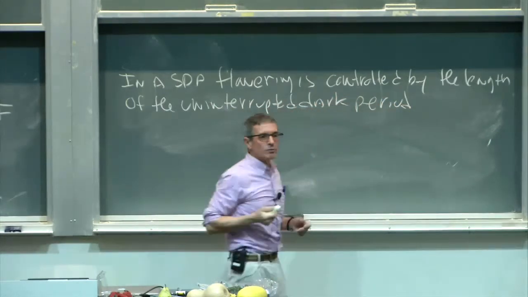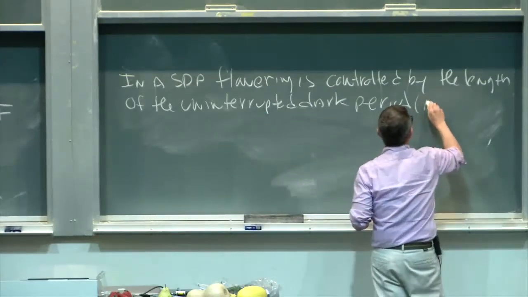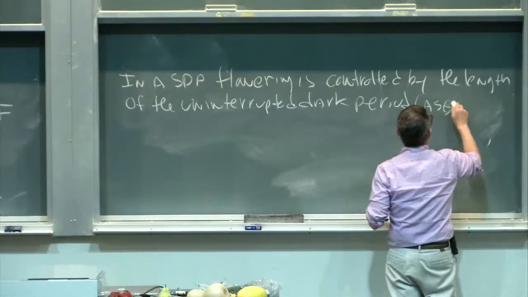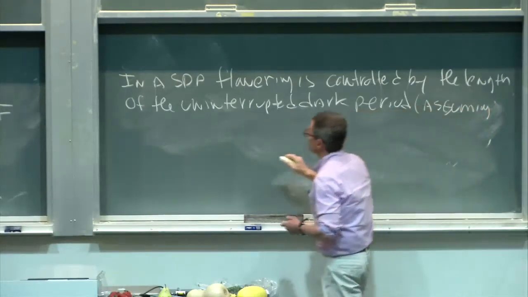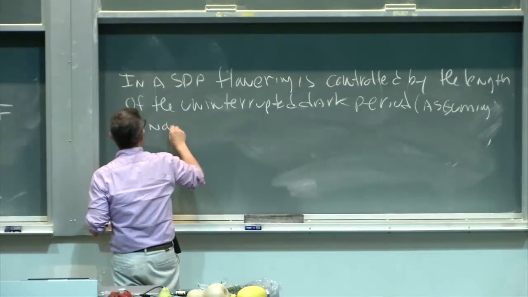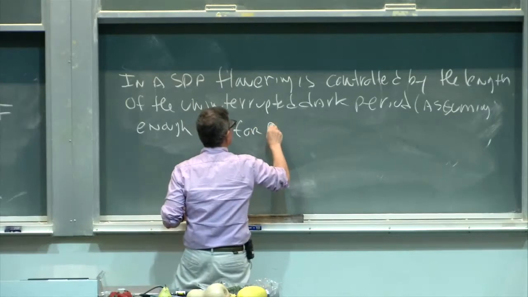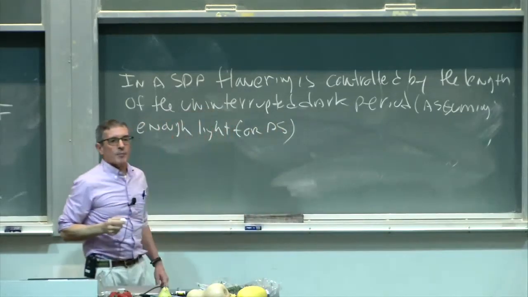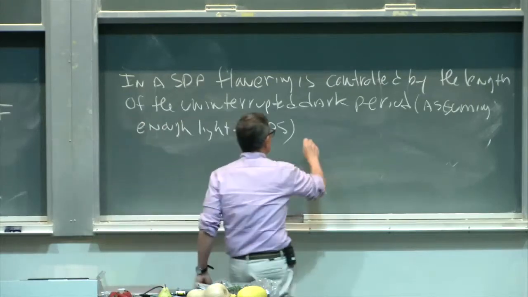And this again assumes you have enough light for photosynthesis. If the dark period is shorter than some number of hours, the plant won't flower.